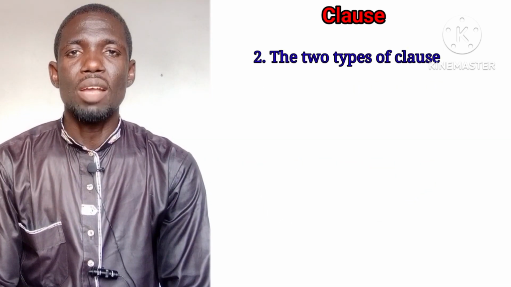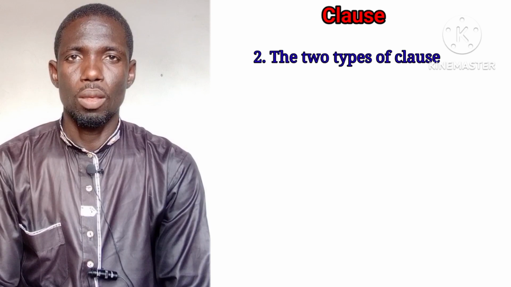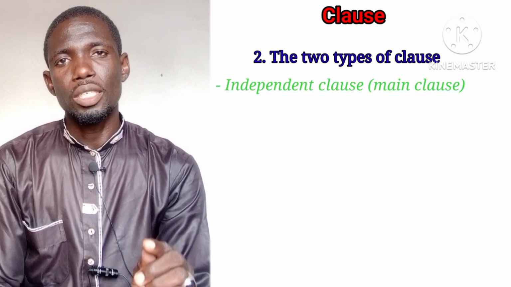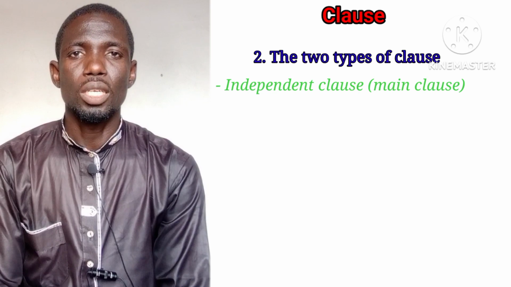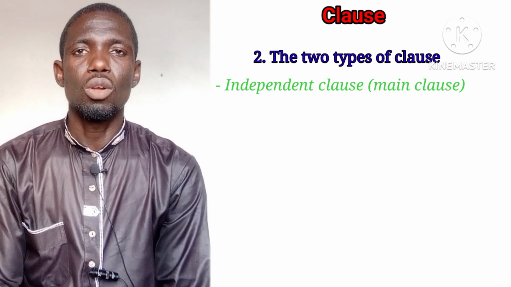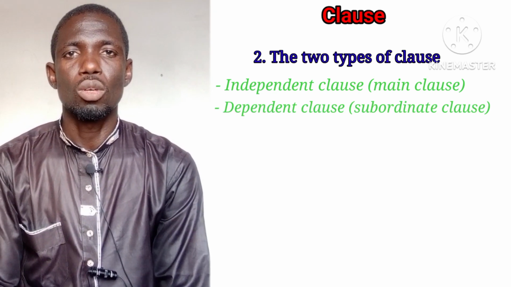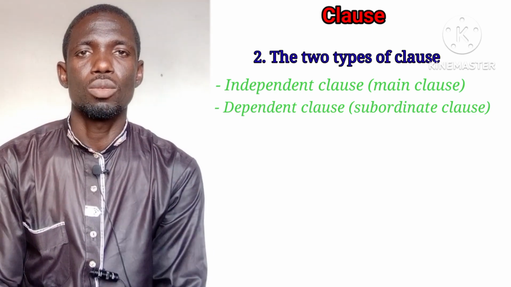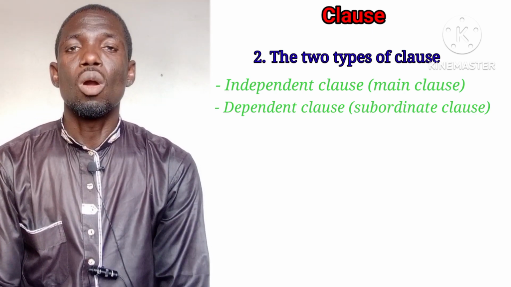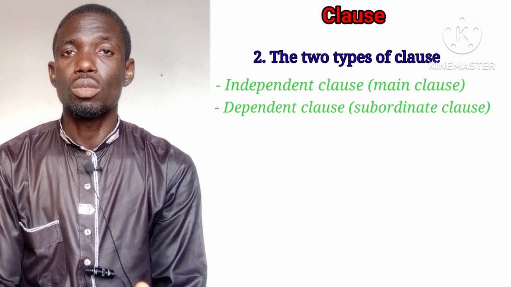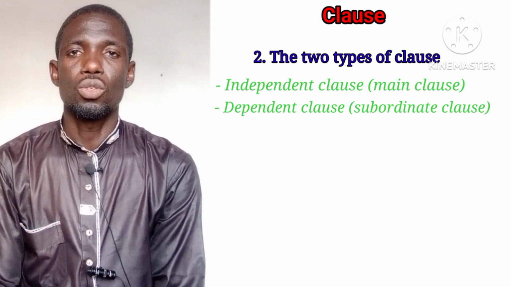We have two types of clause. We have the independent clause, that is the main clause, and we also have the dependent clause, which is the subordinate clause. What is the main clause, or rather independent clause?